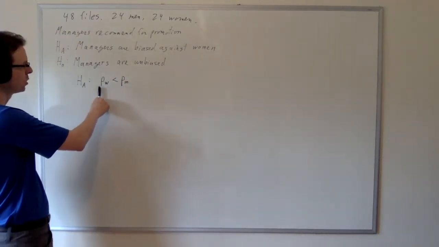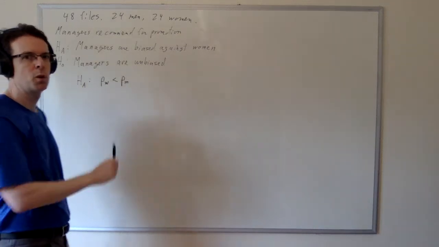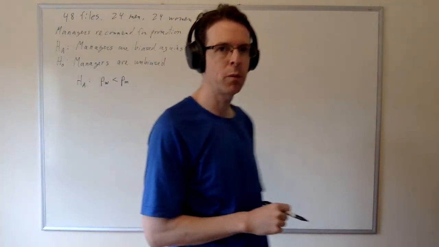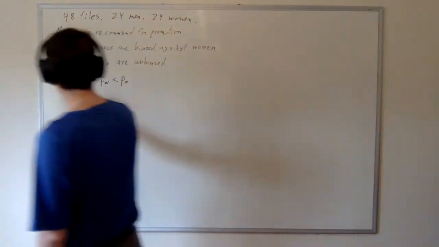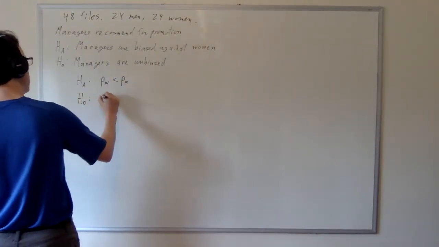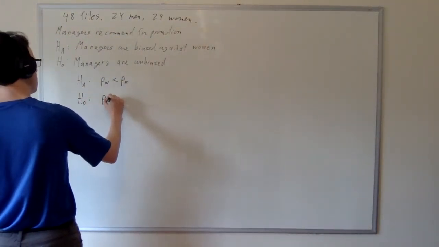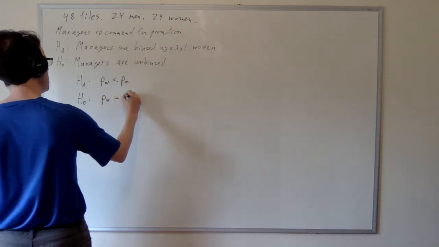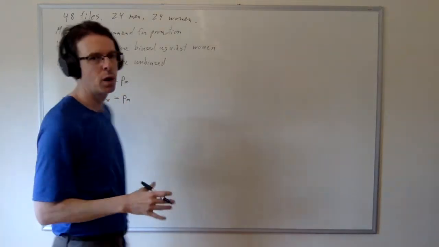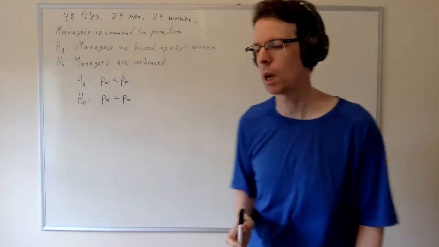Or maybe I should say proportion. The proportion of women recommended for promotion will be less than the proportion of men recommended for promotion. And the null hypothesis will state that the proportion of women recommended for promotion will be equal to the proportion of men recommended for promotion. And so these are the two competing hypotheses.